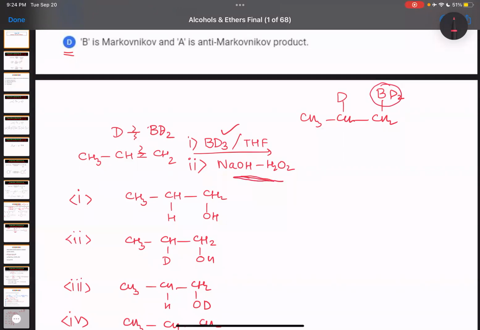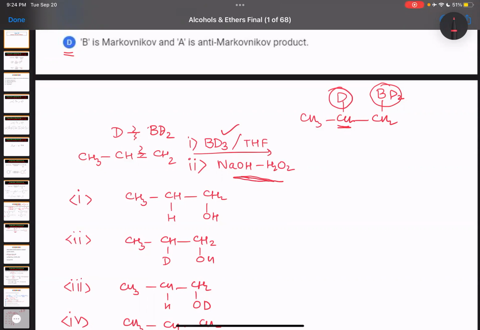Can you notice it? Right? Yes, sir. So what happens here is very simple. Instead of hydrogen you attach D because it came with the boron.